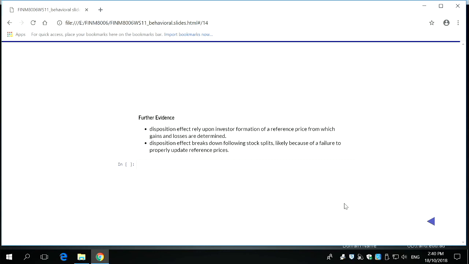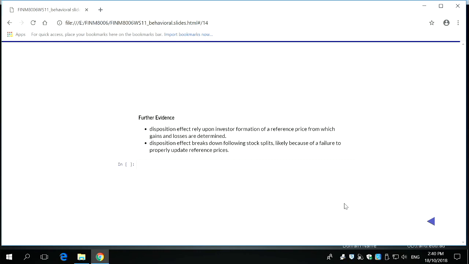So suddenly, sometimes investors get confused. What really should be my reference price? If you are really rational, well, you know the reference price should be 5, right? But because of these splits, a lot of investors actually got confused about the reference price, the starting point.